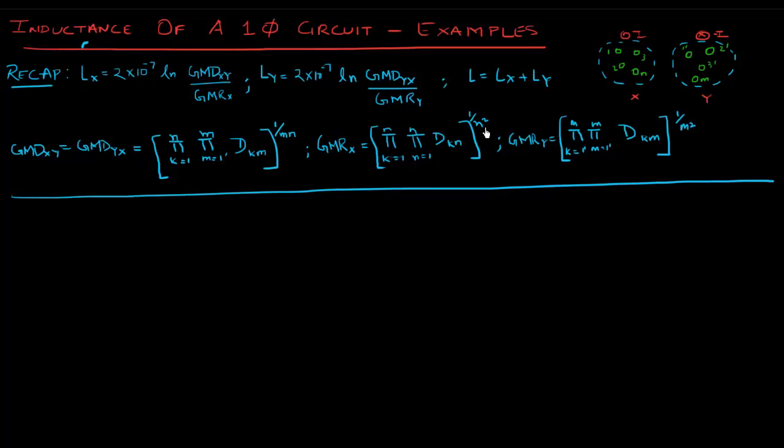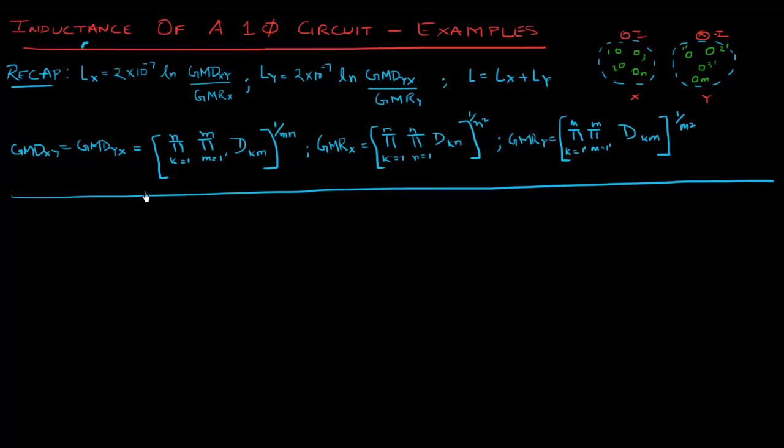And GMR X was raised to the power 1 by n square, or the n square root, where n is the total number of strands, and GMR Y was to the power of 1 by m square, where m is all the strands in conductor Y. GMD was obviously to the power 1 by m times n. Again, as I mentioned, once we do the example, all of these terms and values will become a lot clearer. So just have that patience.